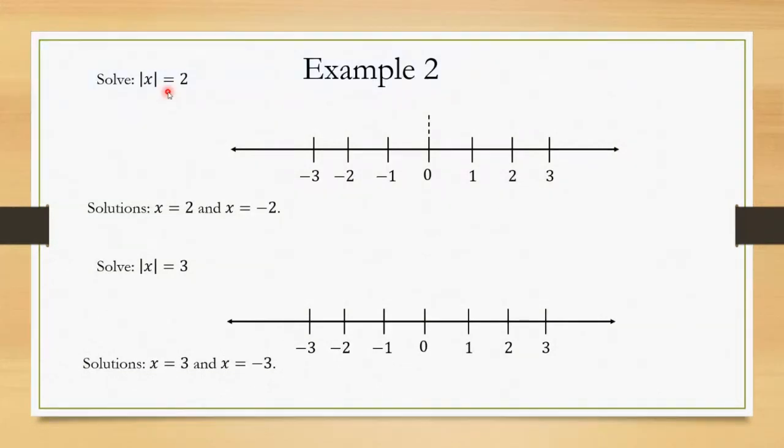Well, what numbers do that? If we're at 0, we go to the right, 1 unit, another unit, and we're at 2.